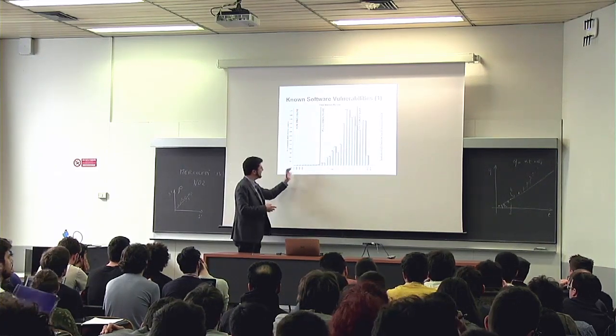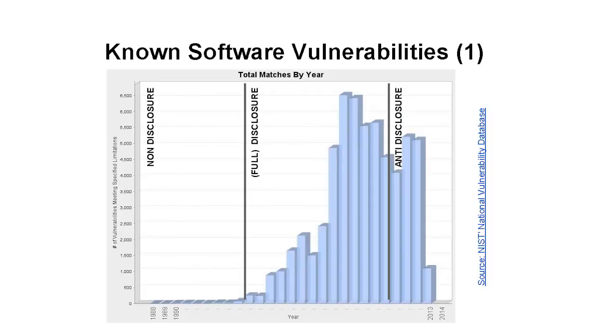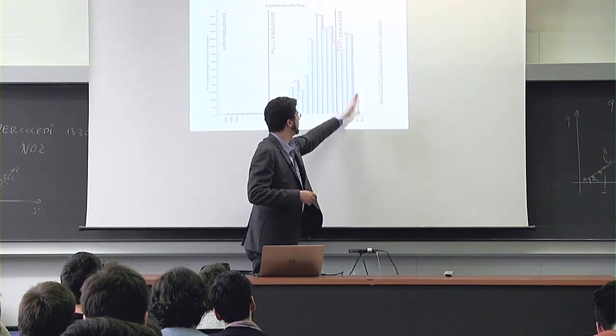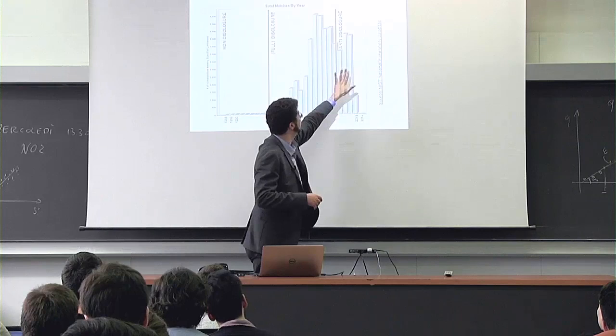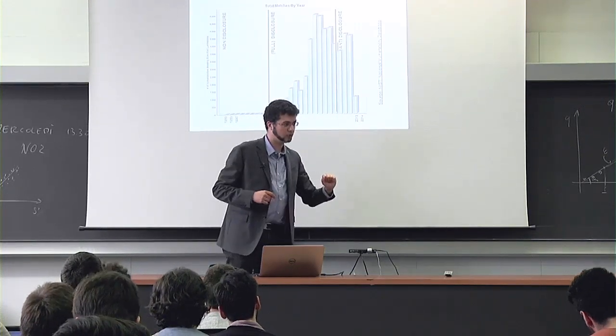And I start the graph from 88, and I end the graph in 2013, because that's actually the year I dumped. So don't look at this last item, because that's falsified by the way I took this picture. Just look at this last line here. Okay? So up to 2012.